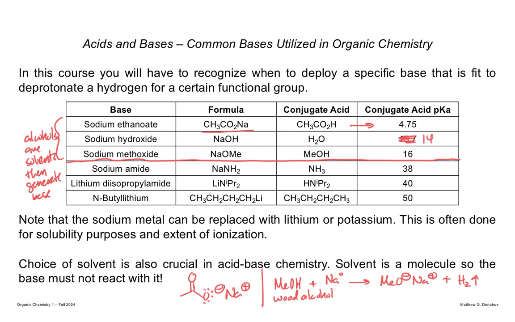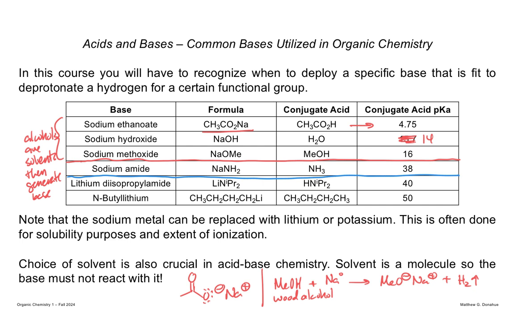So now the next line that I'll draw in blue here, that line is for the bases that you now generate, which have to use a different solvent. And because these bases are so much stronger, the solvent must be inert to that base.